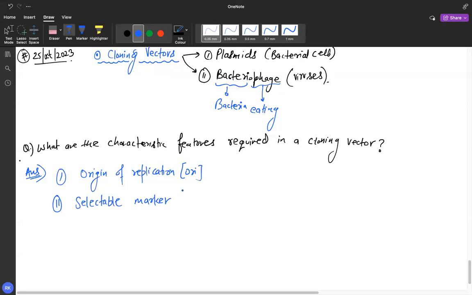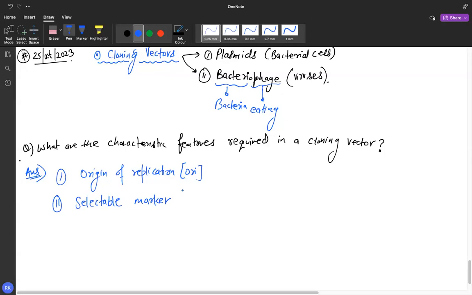Okay. So a selectable marker is, apart from the origin of replication in a vector, you should also have a sequence that will produce some product when it gets translated. It is just to confirm that your plasmid is inside the host and it is working, which means it is replicating. When it replicates, it will make more copies. All these copies will then get transcribed and translated.